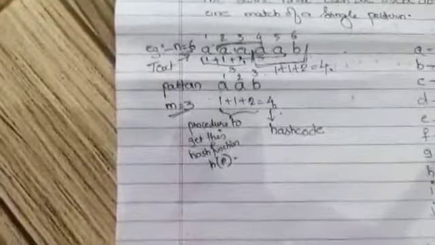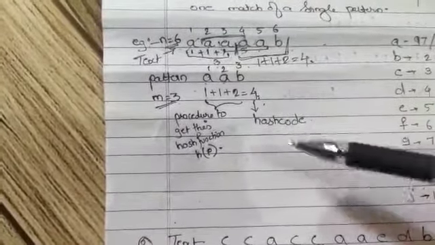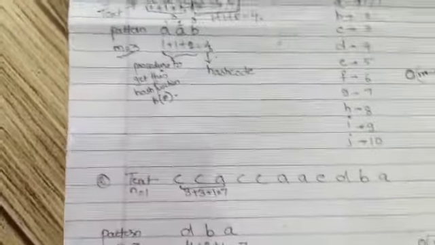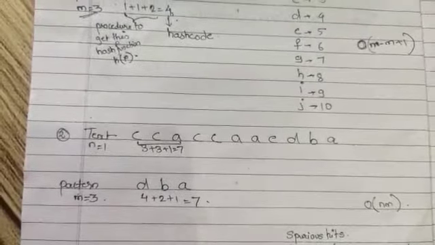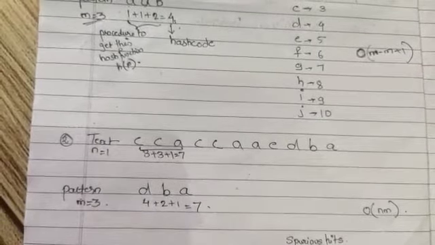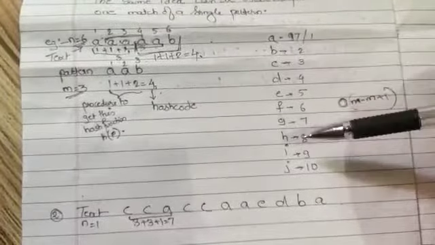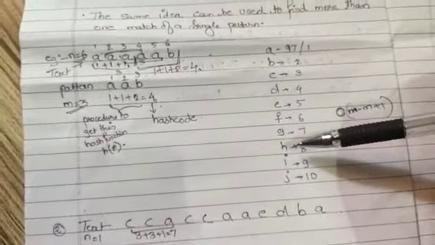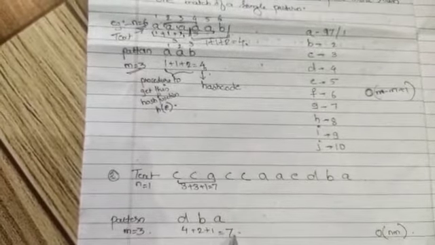So here the procedure of Rabin-Karp is defined with the help of the hash code. Next, consider one more example, having the text as well as the pattern. The pattern size is 3. The values assigned to the letters are from 1 to 10, because I have considered just the letters A to J. If you go through this example, if I put the value of D as 4 plus 1, the value of the hash code is 7.